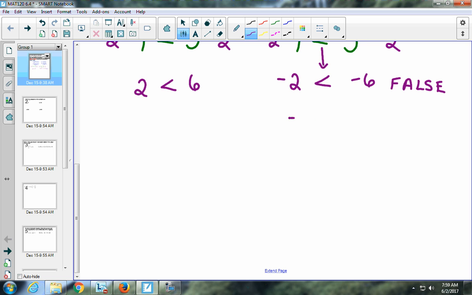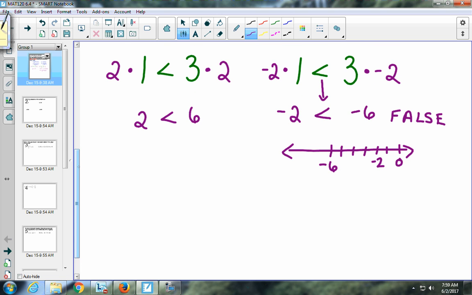If you think about your number line, with our negative numbers, negative 2 would be right here, and negative 6 would be right here. Negative 2 is not less than negative 6. So for that reason, when we multiply both sides by a negative number, to make this a true statement, we have to flip that inequality symbol and say that negative 2 is greater than negative 6.